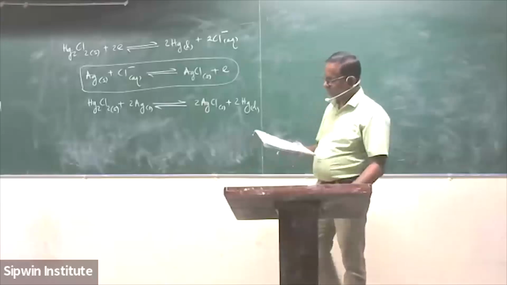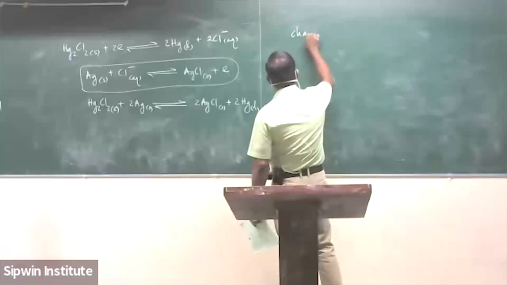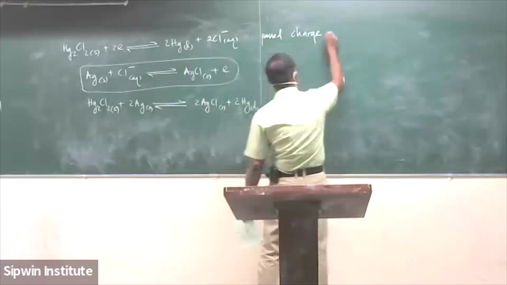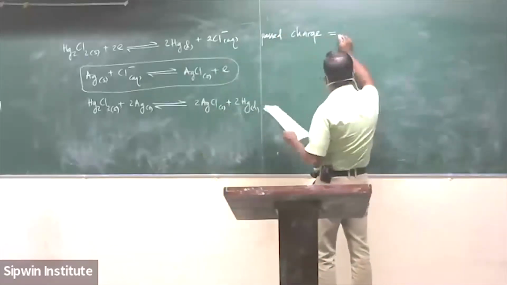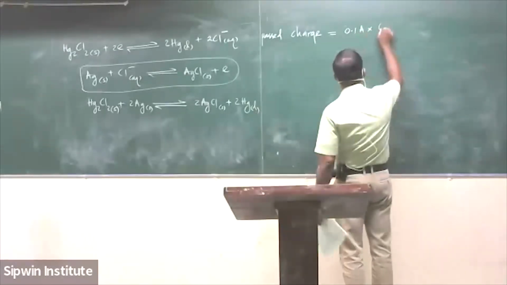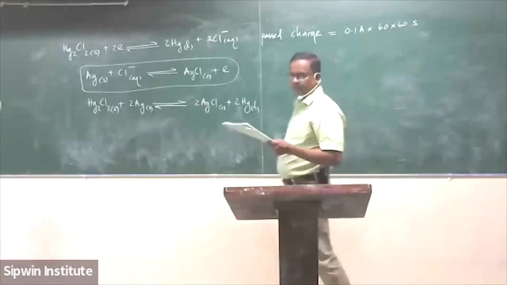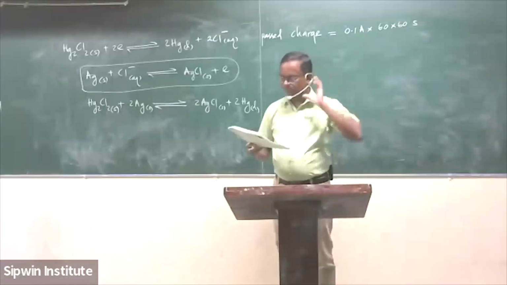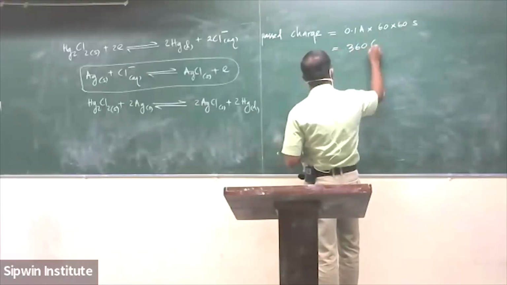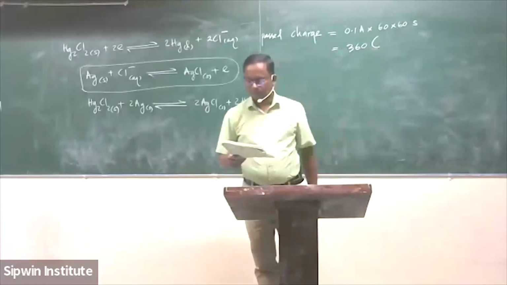Current is 0.1 ampere for 60 minutes, which is 60 times 60 seconds. So charge passed is 0.1 times 3600, which is 360 coulombs.